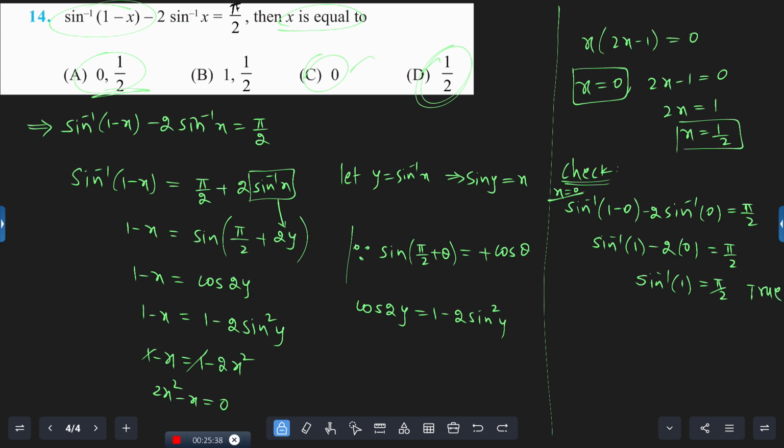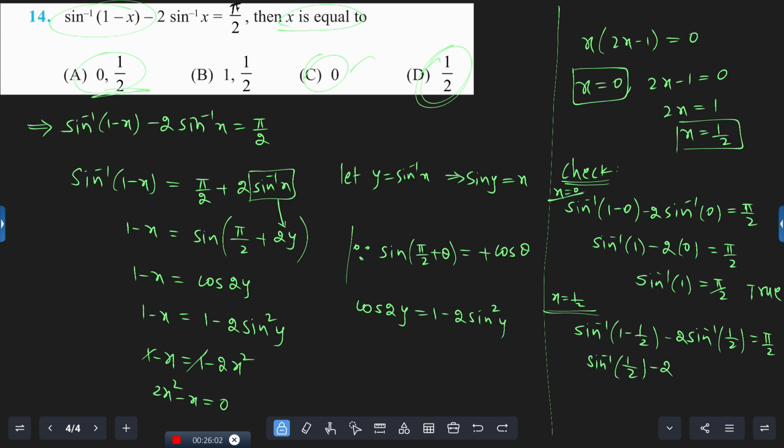1 by 2 also we have to check, right? So x is equal to 1 by 2. Let me check, again the same step. Sine inverse of 1 minus 1 by 2, minus 2 times sine inverse of 1 by 2, equal to pi by 2 you should get. Listen, 1 minus 1 by 2, what? 1 by 2.